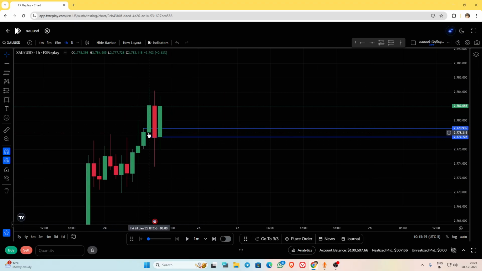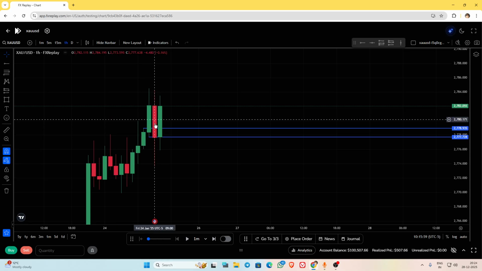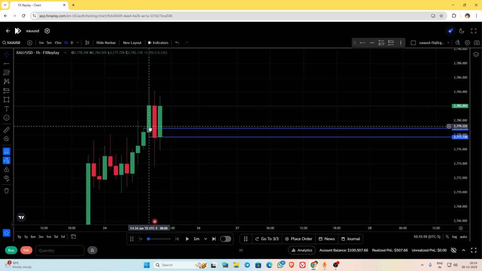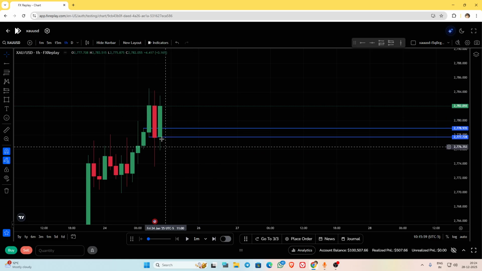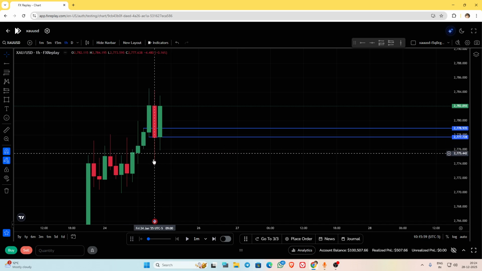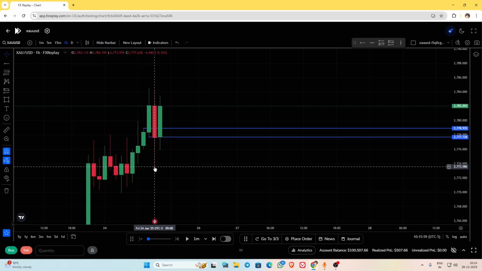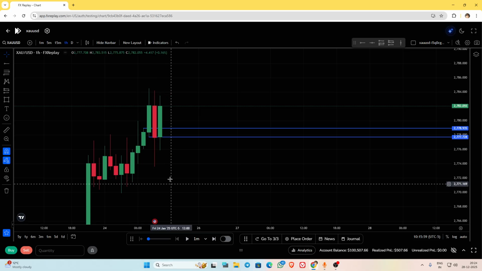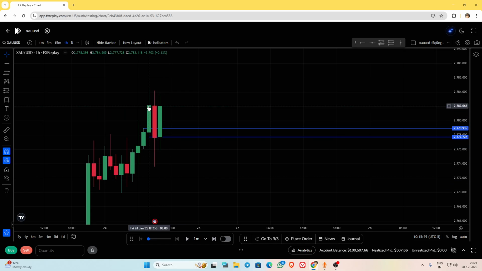So our bias was bullish. We were looking for a bullish trade. Then our candle got failed by this candle, so it was not a good idea to take trades towards sell because our bias was bullish.